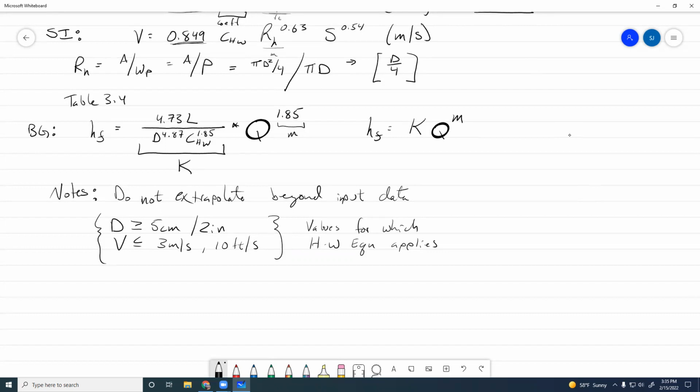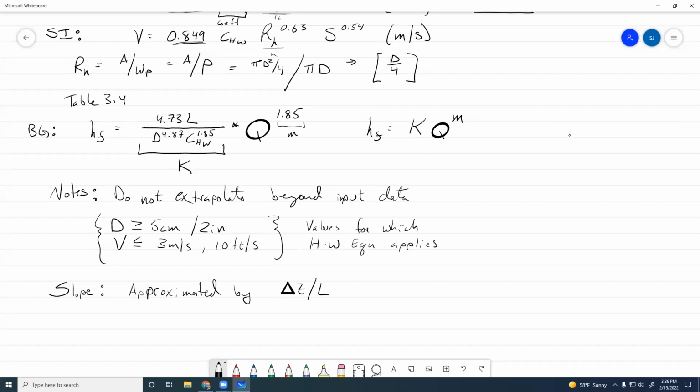Okay, one other note. I talked about hydraulic radius, but let's talk about slope. Often we approximate this by the actual slope, delta Z over length. Change in elevation over length, right?